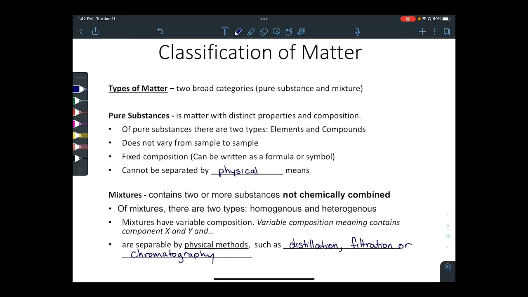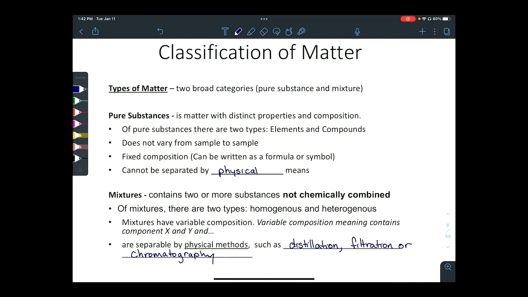There are two types of pure substances: elements and compounds. And there's a different way we identify both of them. But what makes pure substances like elements and compounds similar to one another is that they don't vary from sample to sample. So for example, gold is an element.